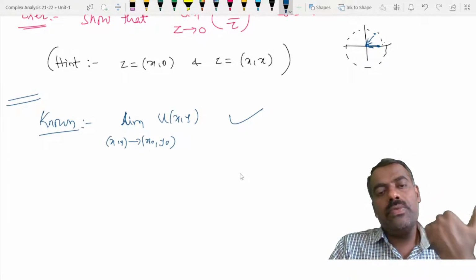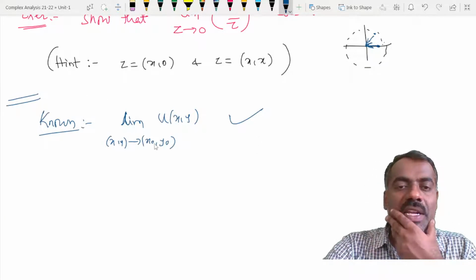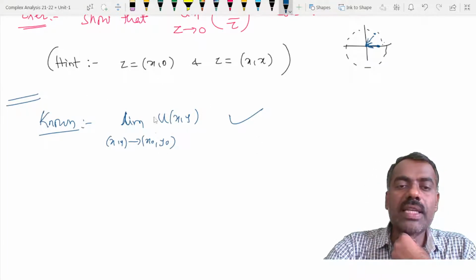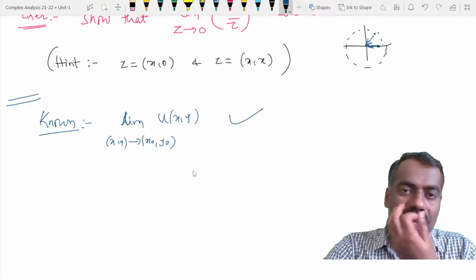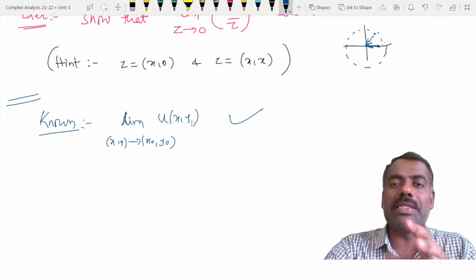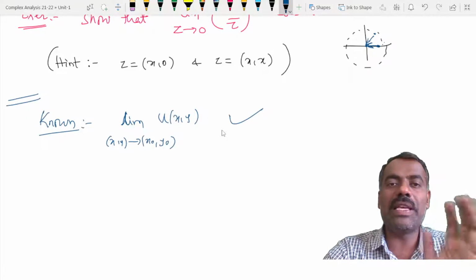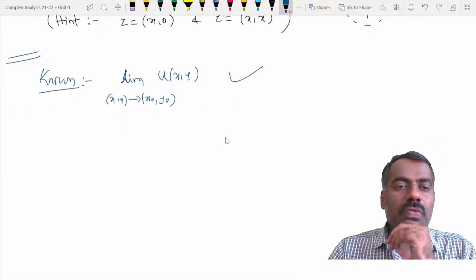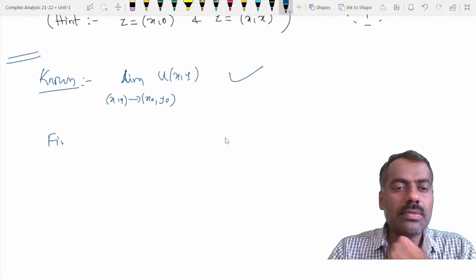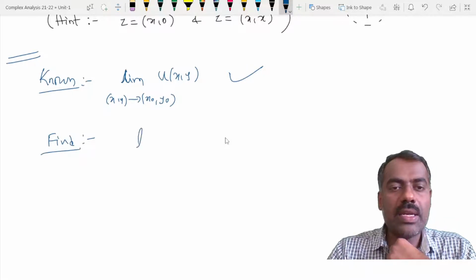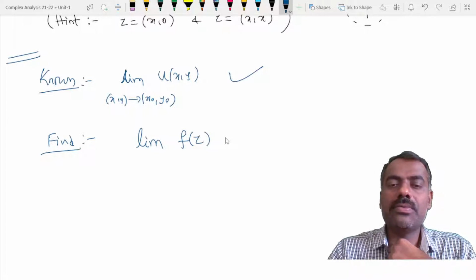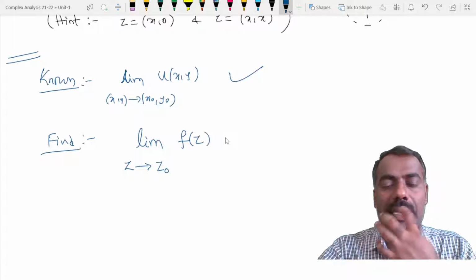So now we want to find the limit of a function, instead of real valued, a complex function. A complex function means it is a function of a complex variable. So we want to find the limit of f of z, where it is a complex function, where z tends to z naught, right?